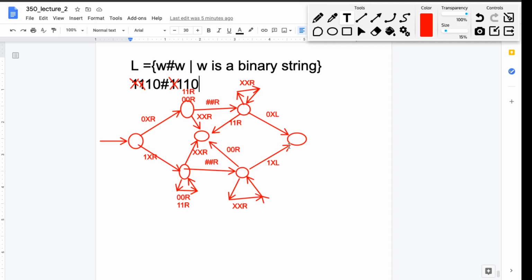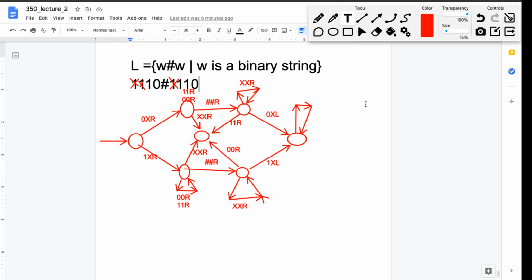Moving on. So what if you're here? That means everything is fine. That means now you need to go back. So now you need to loop back, skipping the pound sign, right? But it has to be 1 pound sign, right?